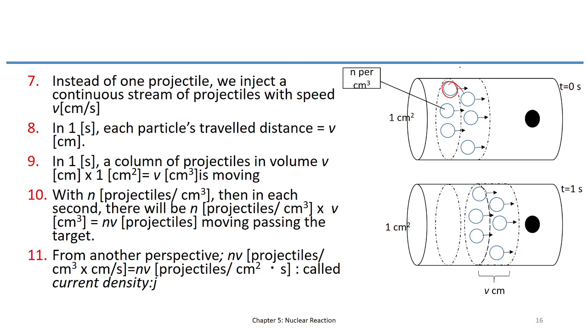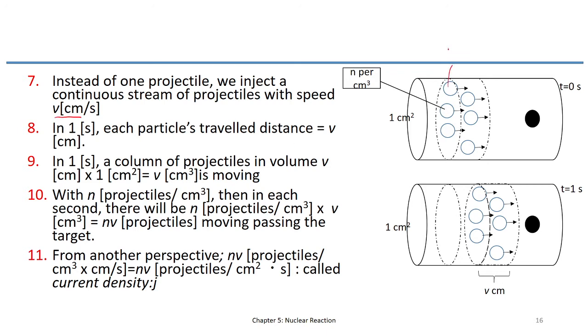That means that instead of one single projectile, we inject a few projectiles parallel to the cylindrical tube, and we inject them with constant speed.